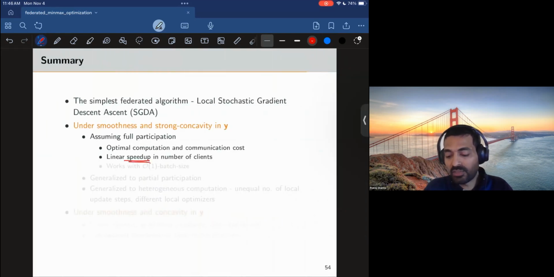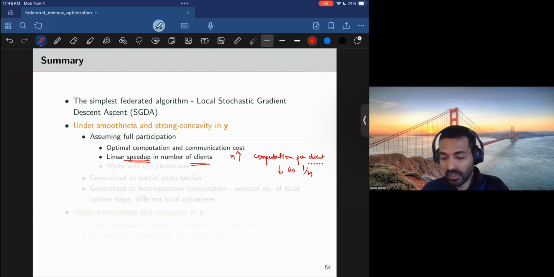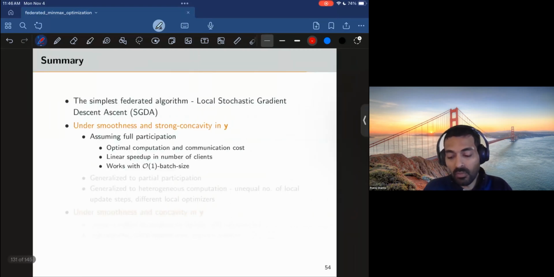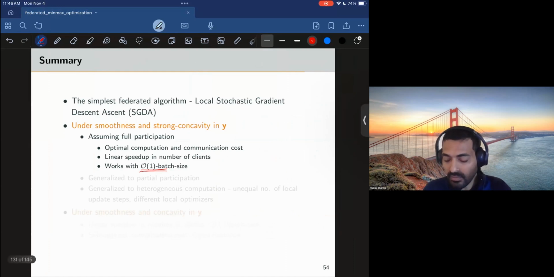We were able to show linear speed up in the number of clients, meaning as n increases, computation per client reduces as 1 over n. The algorithm also worked with a constant batch size, even a batch size of 1. This was an improvement over existing work, where they were forced to use large batch sizes.